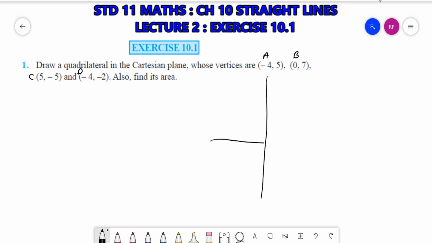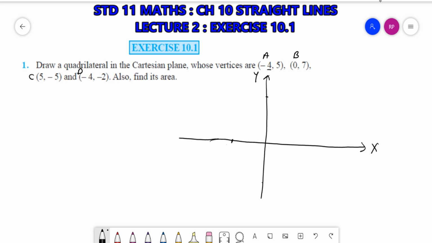For drawing, first we will plot these 4 points. This will be the x-axis, and this the y-axis. Point A, minus 4 means negative x direction, and 5. So this can be minus 4, and this was plus 5.